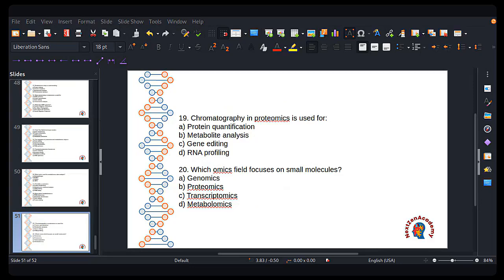Okay. Answer for the 19th question is A, protein modification. Then which omics field focuses on small molecules? Genomics, proteomics, transcriptomics, metabolomics. Yeah, answer for the last question is D.